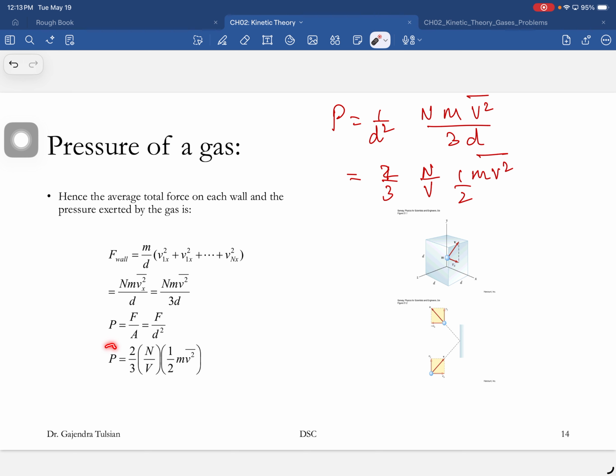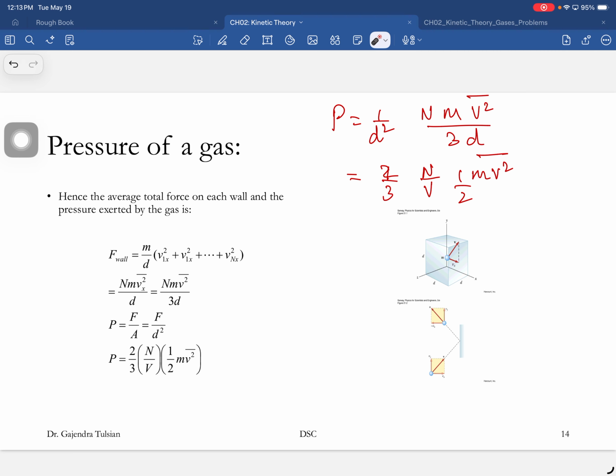You have the pressure of the gas expressed in terms of the average kinetic energy of individual molecules. So here's your first big expression, a macroscopic quantity related to a microscopic quantity. In just 2 minutes, you related something that you measure using a handheld instrument to something that you cannot see.